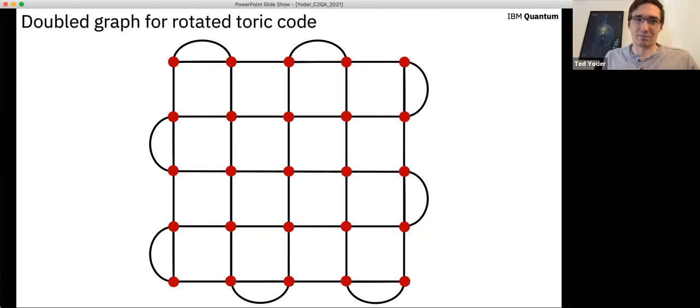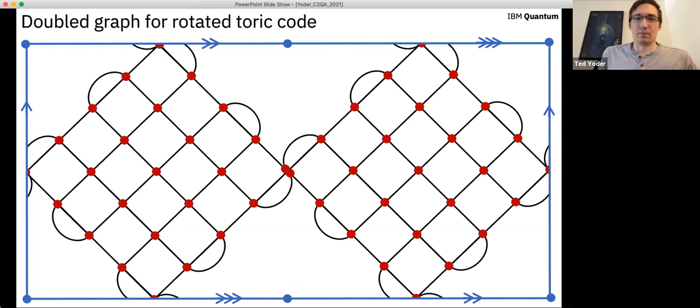Now you can actually make this doubled graph for familiar codes, like the rotated toric code, which is non-checkerboardable, remember, because the outer face could not be colored. You can embed this also in the torus, because it's a hexagon with opposite sides identified.